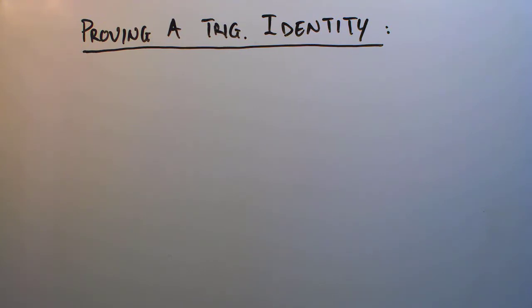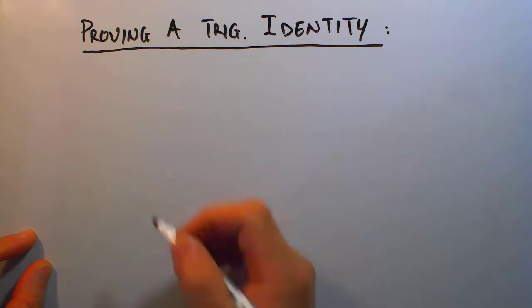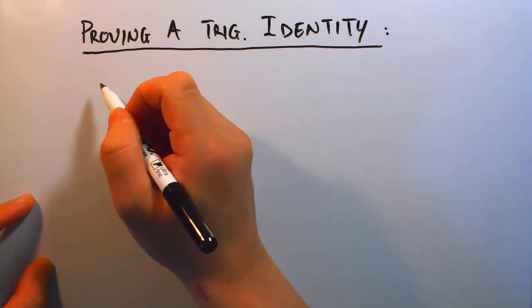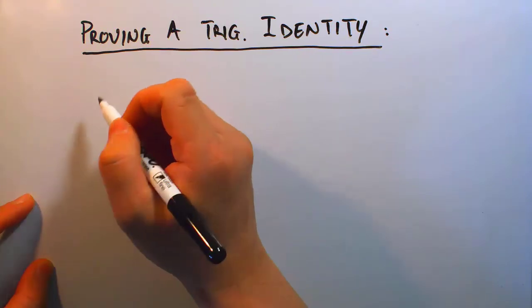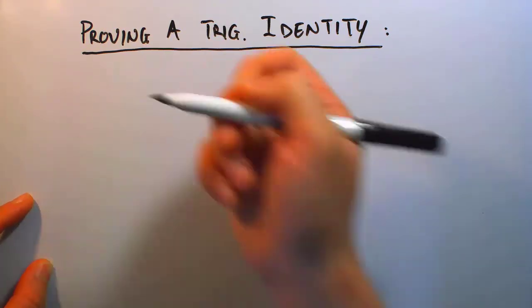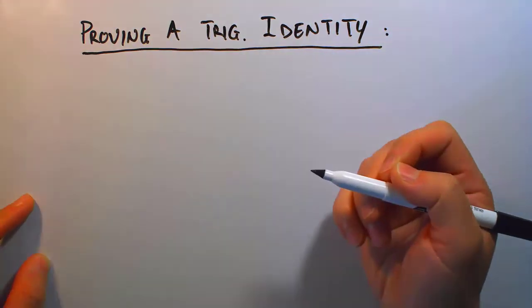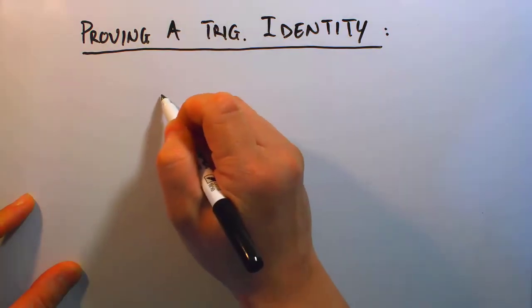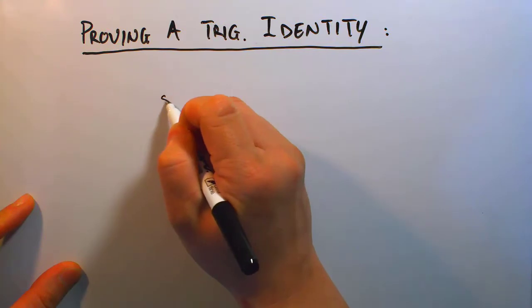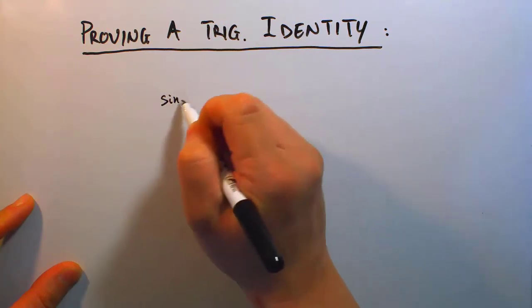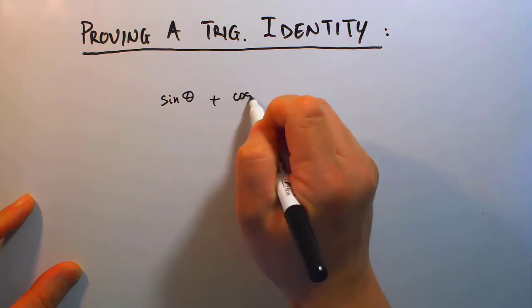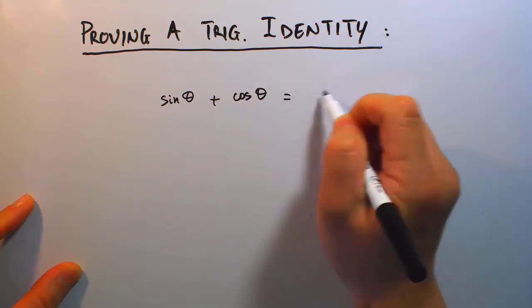Proving an identity is not only to prove it's true. From the most fundamental understanding, an identity is an equation. So a lot of times it's easy to mistake an equation for an identity. For example, something like this: sine of theta plus cosine of theta equals 1.